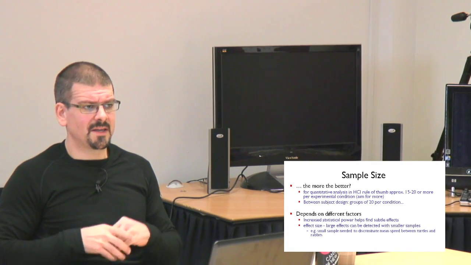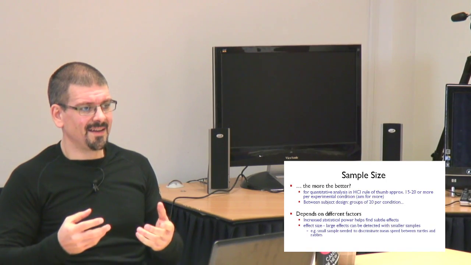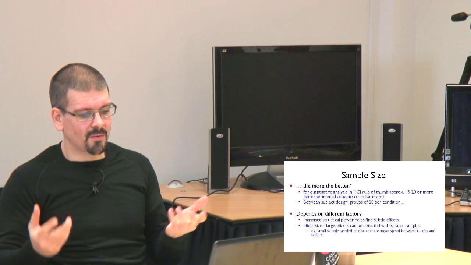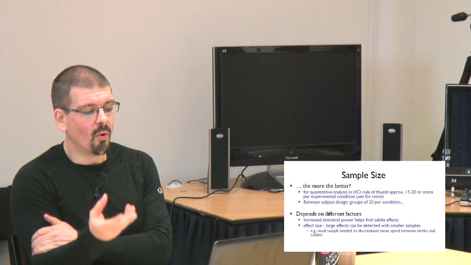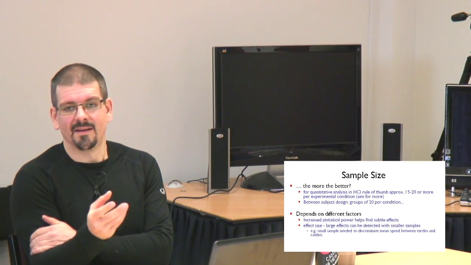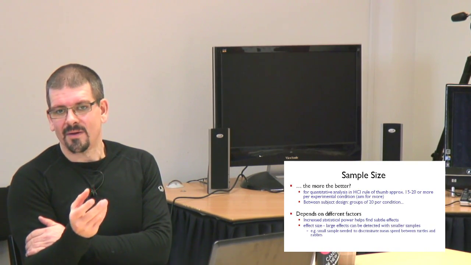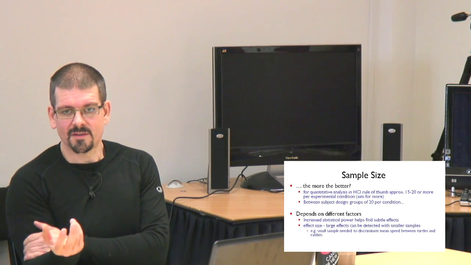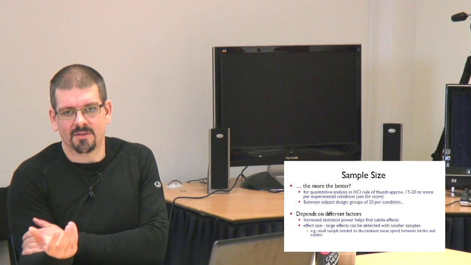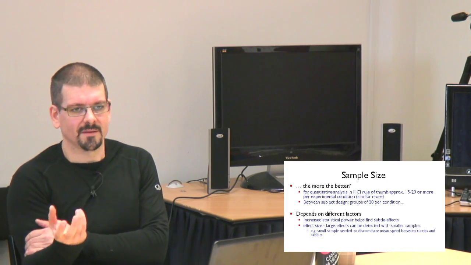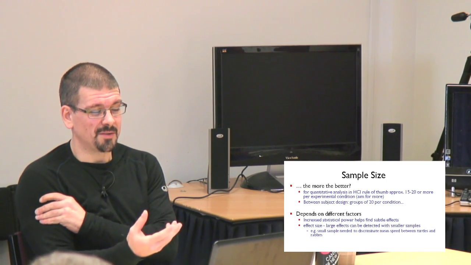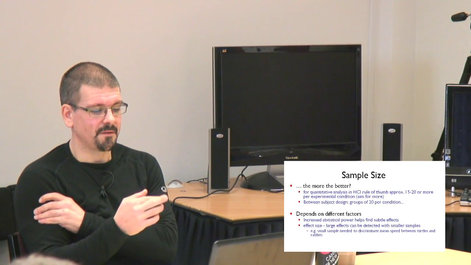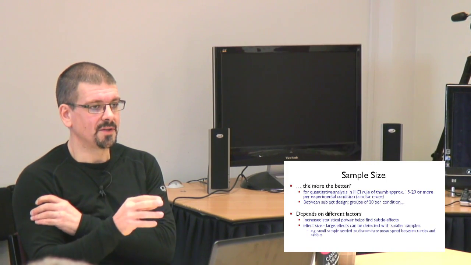But sometimes it makes more sense to study a question with a between subject design, for example, if you're interested in a question where you compare gender differences, you automatically have a between subject design because you're comparing males and females. But then my recommendation would be to have at least 15 or 20 per condition.